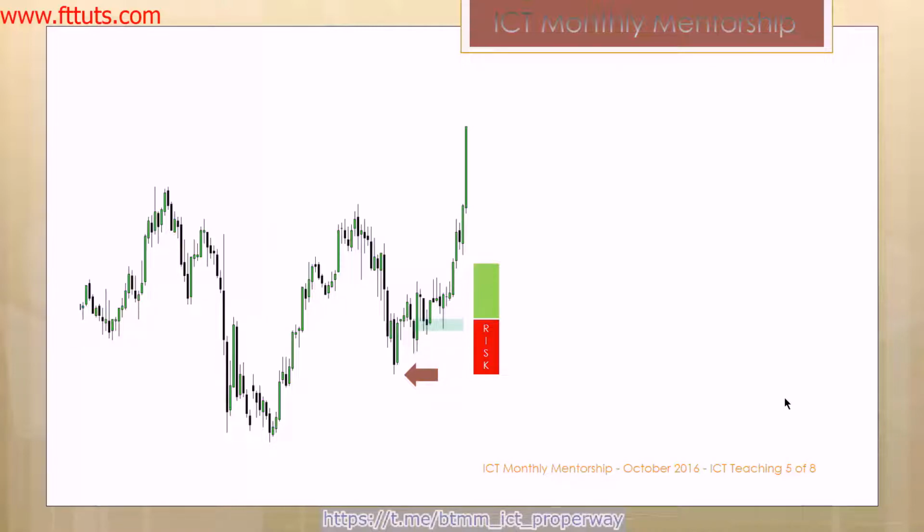So if we have 1% at risk, defined by the entry in here and the stop below here, once we get to this price point here, we're already at 1% return. So we got half of our initial loss back in open profit. Once we get one more standard deviation from what our risk is defined by, we're already at 2% mitigated. In other words, our losing trade that we just had using half of the initial risk is already mitigated.